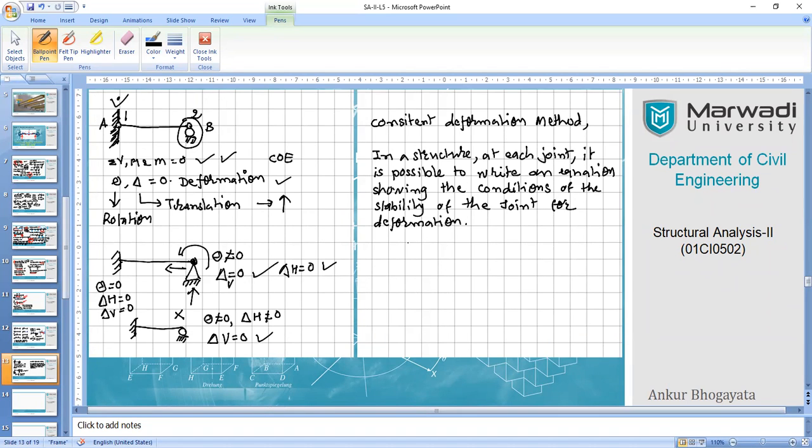So you need to write an equation which shows that deformation requirements are satisfied.